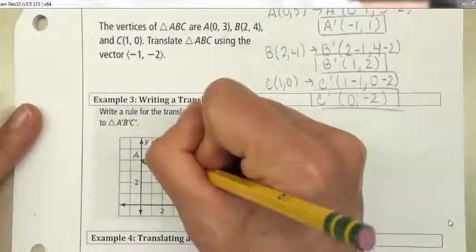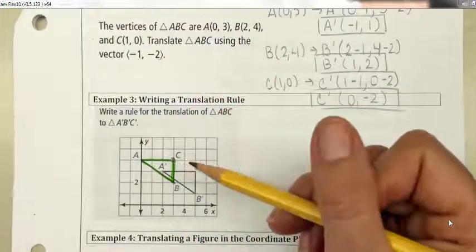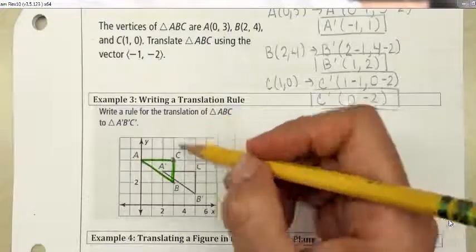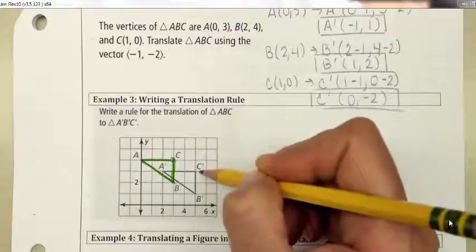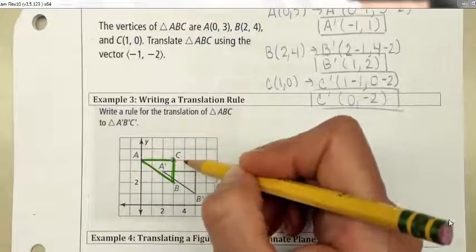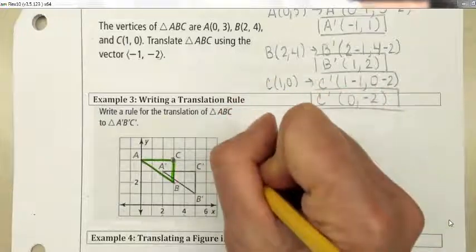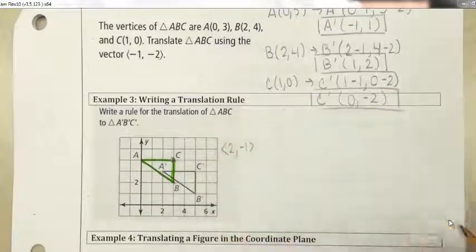I'll pick point C and follow it along, going horizontally and then vertically. So to get from this C to C prime, or from the pre-image to the image, I'm going to end up going right 2, and then down 1. So in vector component form, that would be 2, -1.